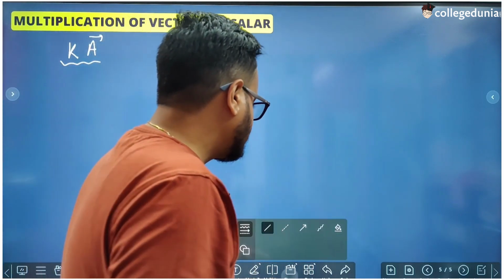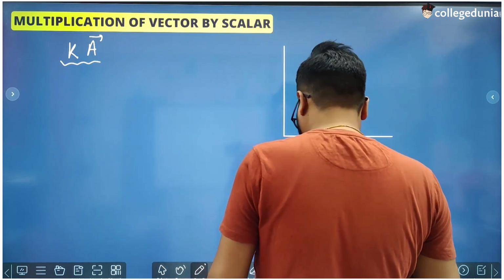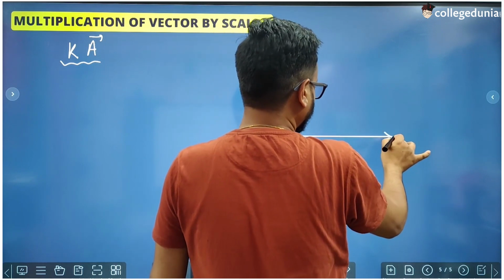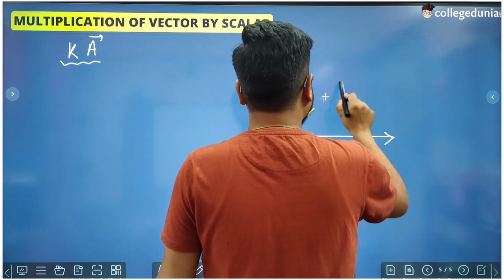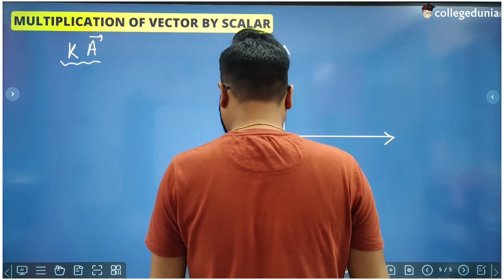For example, suppose this is the vector A, right?